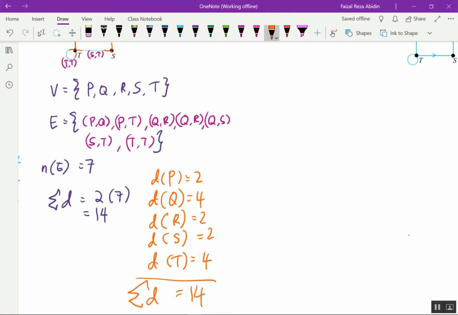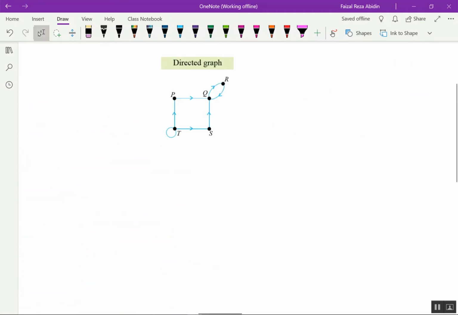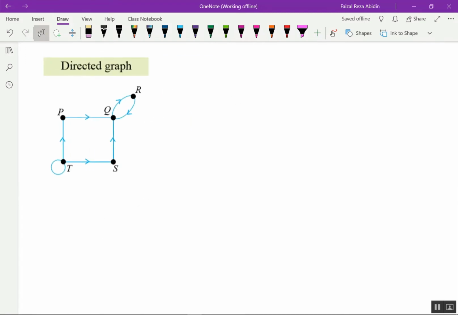Now we look at our directed graph. For the directed graph, remember we look at the direction given, and for the edges, we are going to write according to the direction of the edge. So now I am going to list down my vertices first.